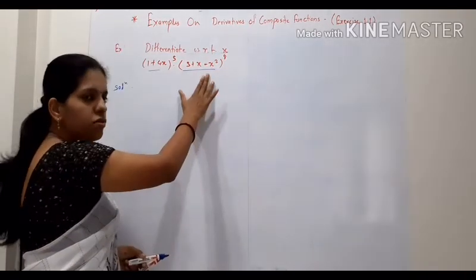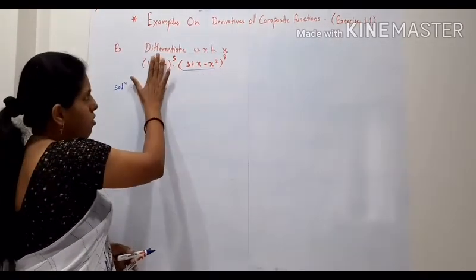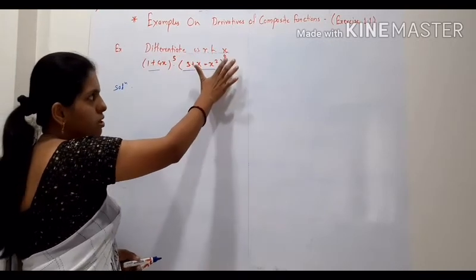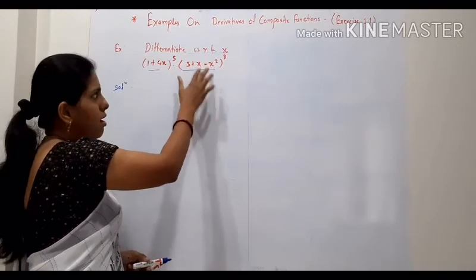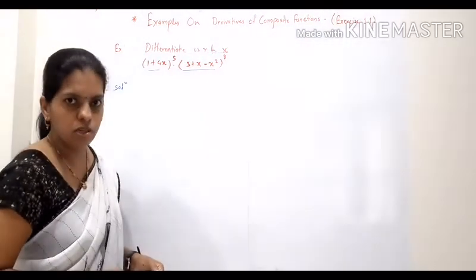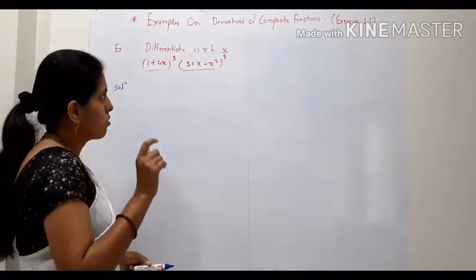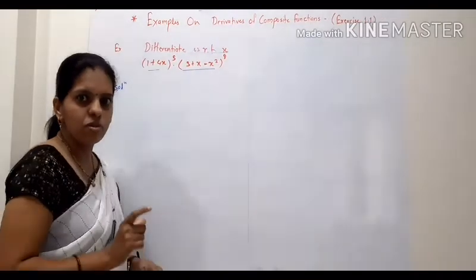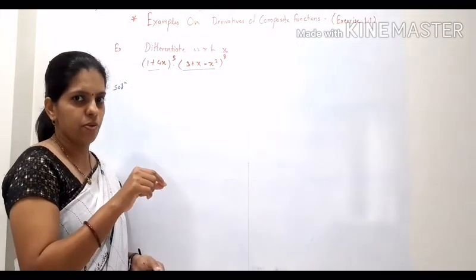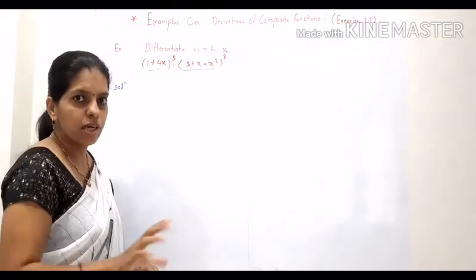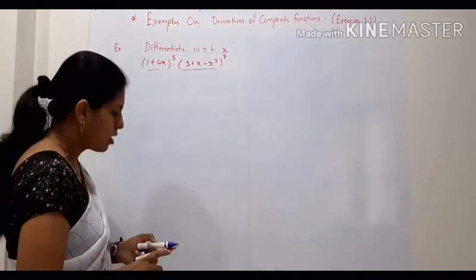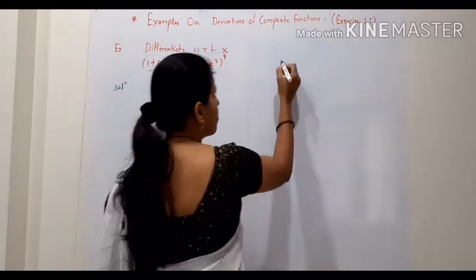These two composite functions are of the form fx raised to n, and in both the brackets the fx's are polynomial functions. So firstly we use the product rule of the derivative, and then we use the derivative for the composite function. So what is the product rule of derivative?